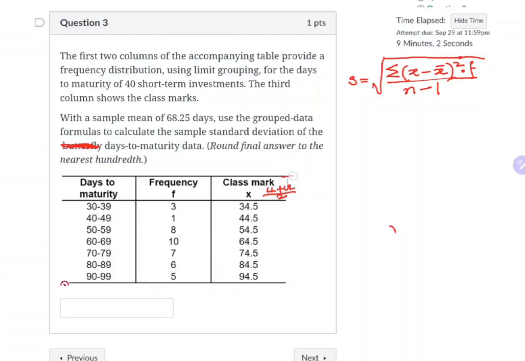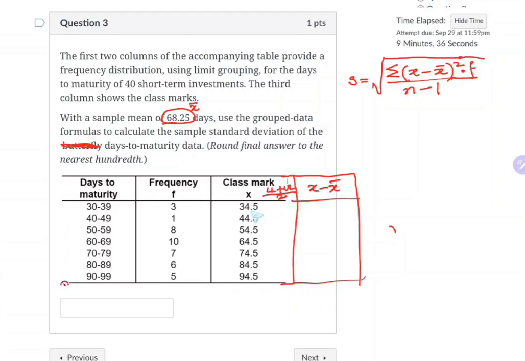Now, in order to solve the standard deviation problem, you have to have another column called x minus x bar, and the x that we are going to use are all these class mark values. x bar is given to us in this question. This is x bar.